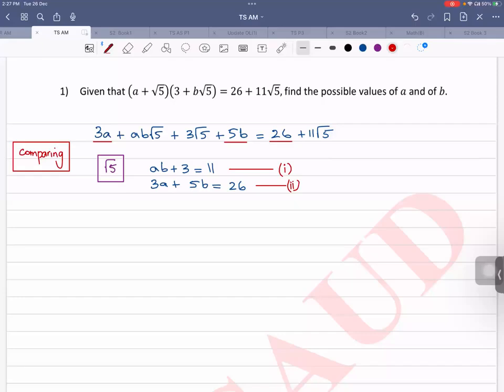Let's solve this simultaneously. I am making a the subject from the second equation, and I'm going to put this value of a into the first equation.